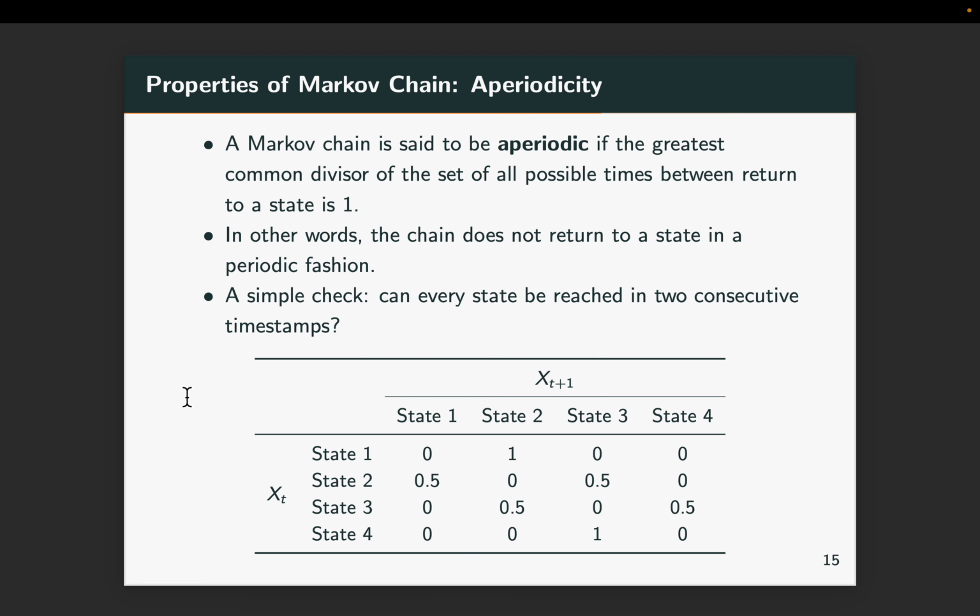Start with state 1 and tell me how often you can reach state 1, state 2, state 3, state 4. Is there any periodicity to those or not? It will be good if you can draw this in your notebook and tell me, if at time t0 you are in state 1, what states are possible at time t1, at time t2, at time t3, and so on. If you write that, you will understand aperiodicity.